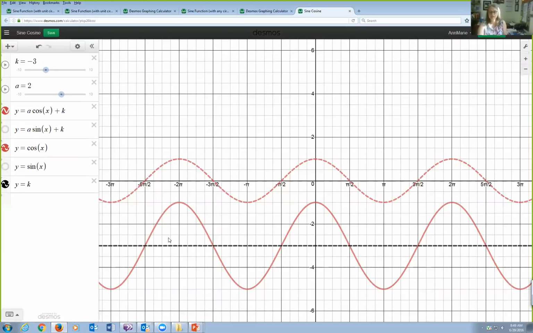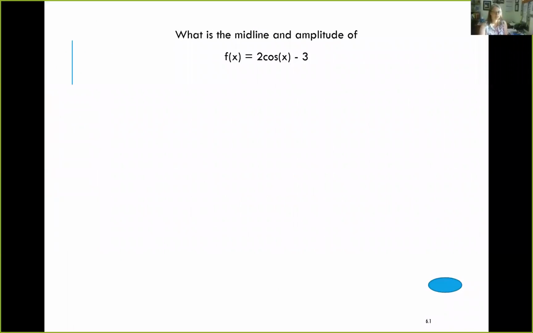So the midline is negative 3, which is related to the external modification or the vertical shift. The amplitude is 4, which is 2 times whatever we're multiplying by. So the amplitude is 2 times my vertical stretch.